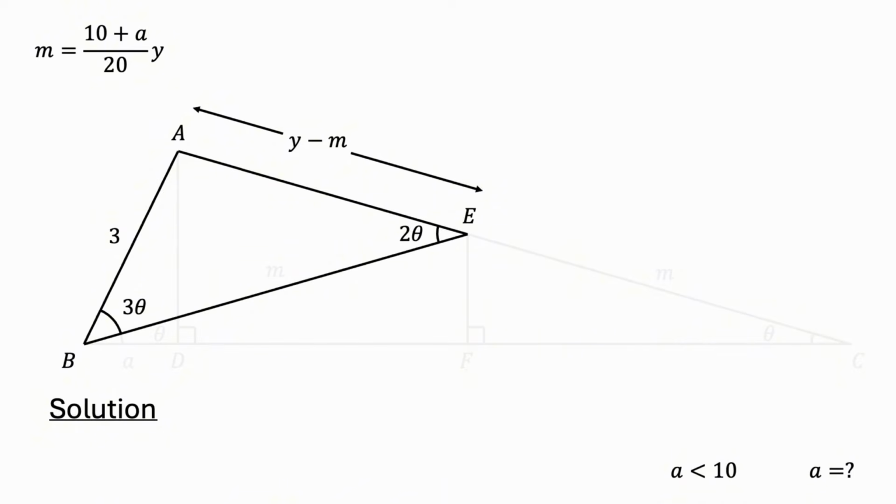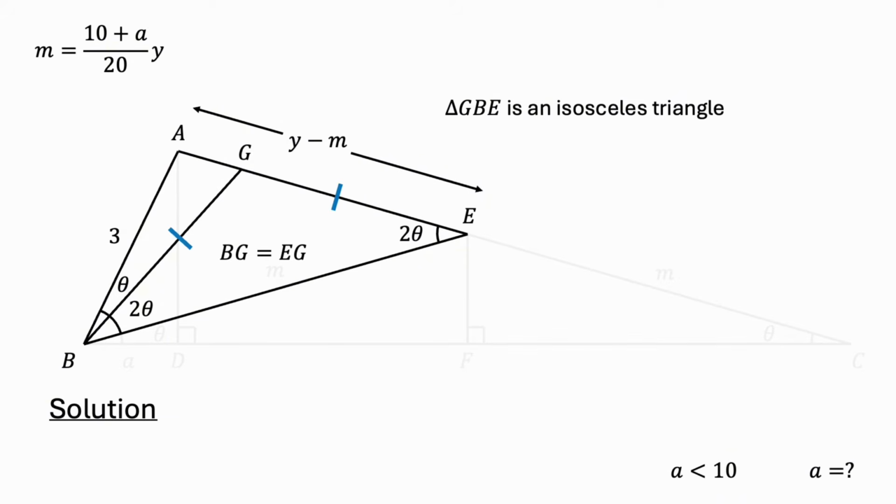From B, draw a line cutting AE at G, such that angle GBE equals 2 theta and angle ABG equals theta. Since angle GBE equals angle BEG equals 2 theta, triangle GBE is an isosceles triangle. Therefore, we have BG equals EG. Let's denote the length of the two line segments as N.